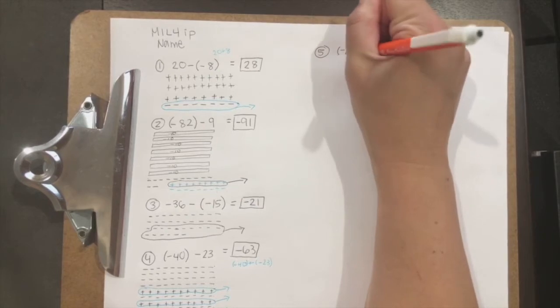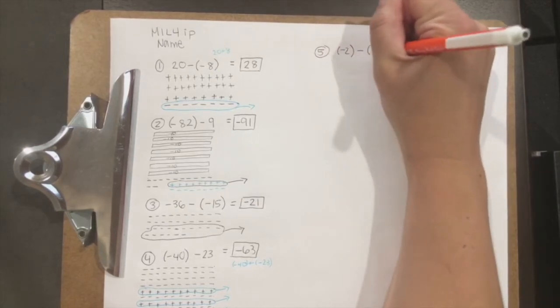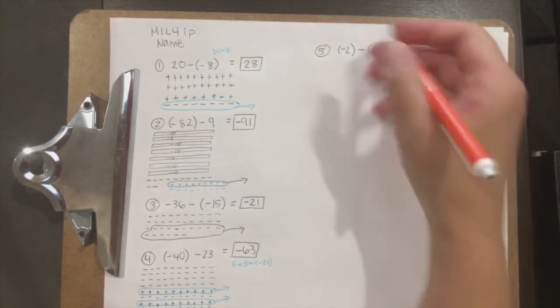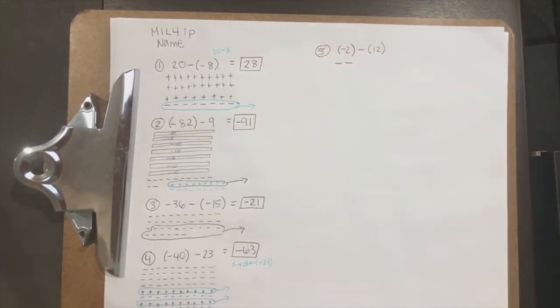Negative 2, take away positive 12. So I've got 2 negative tiles here, and yep, you guessed it, you're right, we're going to be drawing some zero pairs.